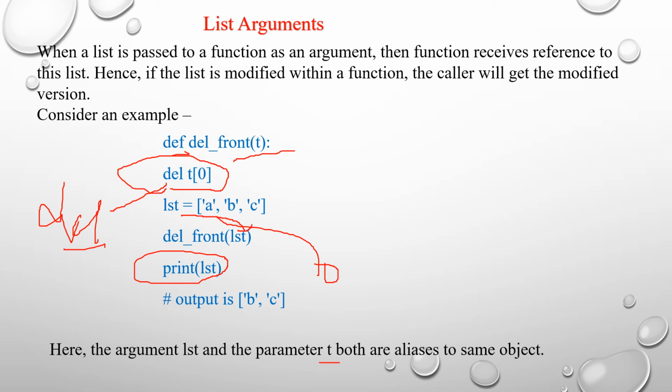So here I am passing lst to del_front, and lst and t are aliased. That's why the Python interpreter will delete the 0th indexing value. Now the 0th indexing element is b, so b is deleted. If in place of 0 you pass 1, the Python interpreter will delete the b. If you pass 2, the Python interpreter will delete the c.